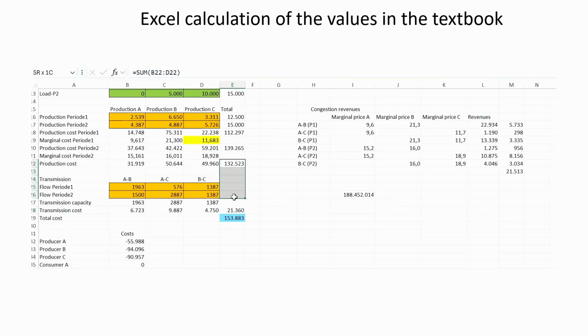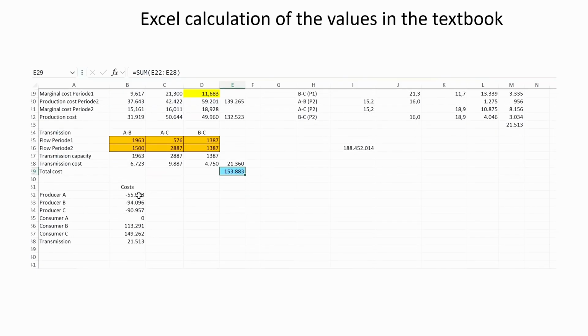And if we add the production cost and the transmission cost, we get this value here, which is the total cost, including both production and transmission per hour. This figure here you can also find in the textbook.